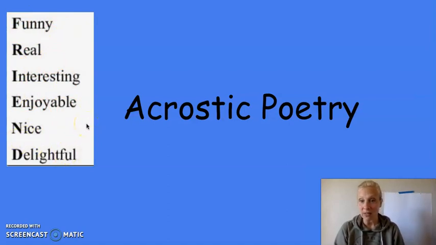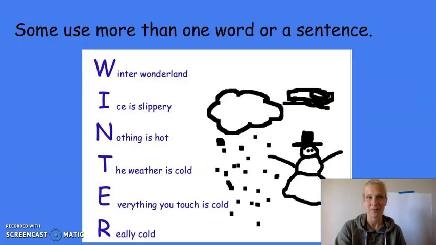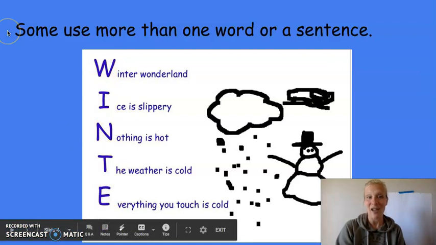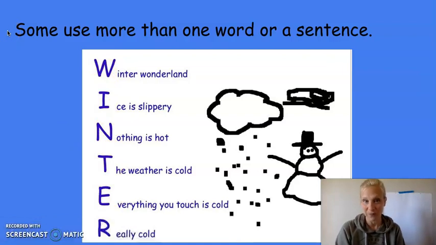Now you can also write an acrostic poem with sentences going across. Let me show you what that looks like. Here's an acrostic poem that a student wrote. Let's look at the word they chose to write an acrostic poem about. W-I-N-T-E-R, winter.